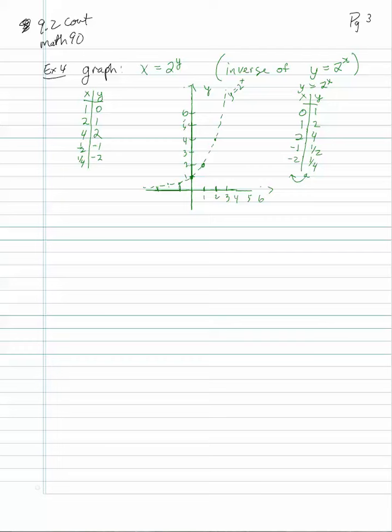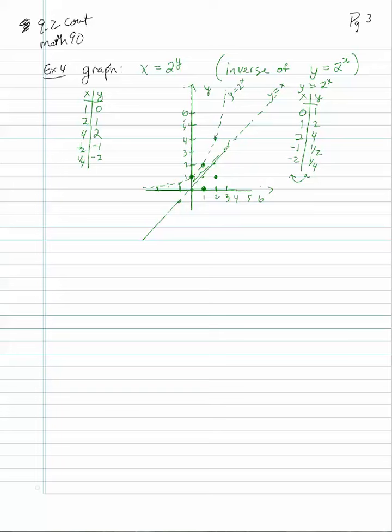And then we also learned in the last chapter that if we draw the mirror image through the line y equals x, this is y equals x, then the inverse function, I just again take the 0, 1, flip it over, 1, 0. Take the 1, 2, flip it over, it'd be 2, 1.